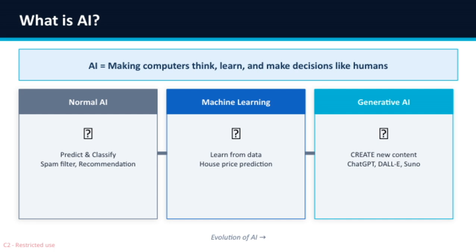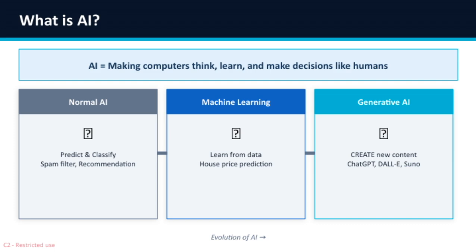Think of spam filters that keep unwanted emails out of your inbox or recommendation systems that suggest products or movies you might like. Then we arrive at the exciting world of generative AI. This is where AI can create new content, like ChatGPT generating text or DALL-E creating images.